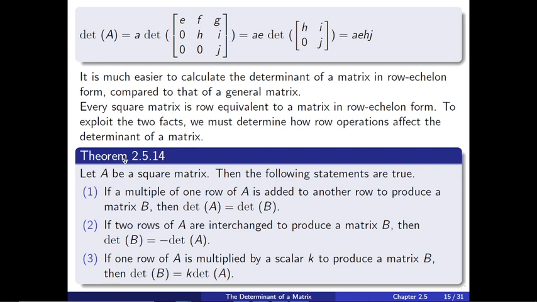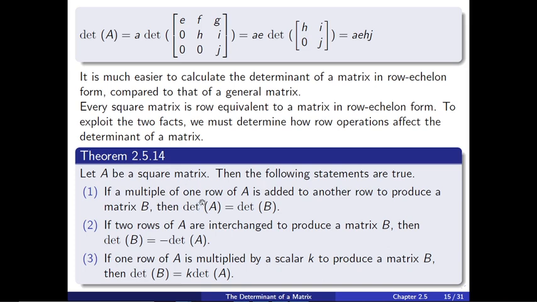And so we are going to find out how row operations affect the determinant of a matrix, and this is theorem 2.5.14. So let A be a square matrix, then the following statements are true.